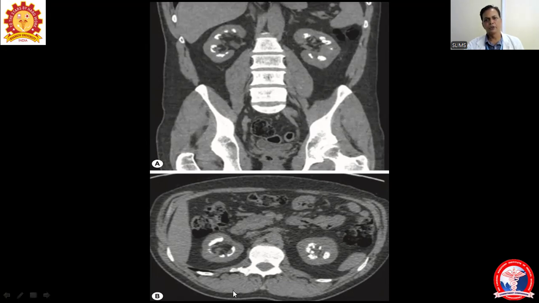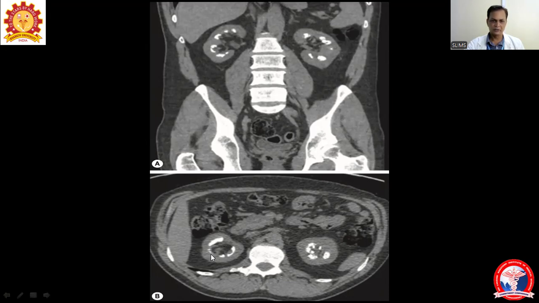The medullary region of the kidneys is showing dense calcification. So it is called medullary nephrocalcinosis. What happens is the renal tubules are dilated, ectatic. Because of their dilatation, urine gets stagnated, and over a period, minerals start getting deposited.